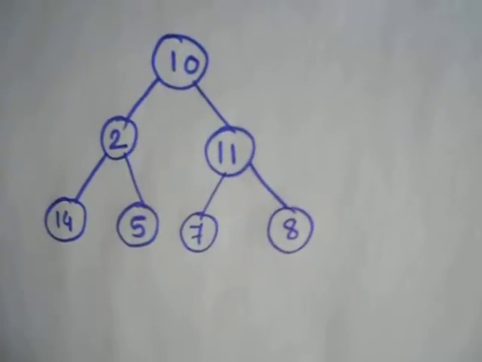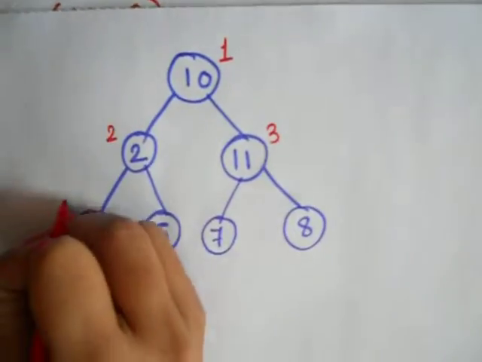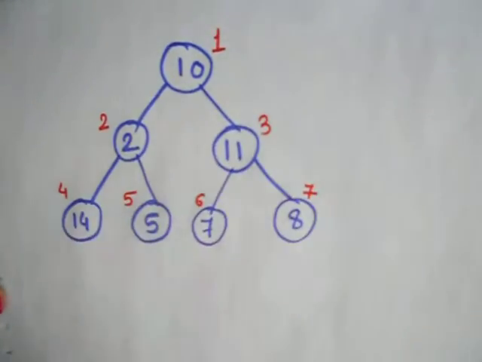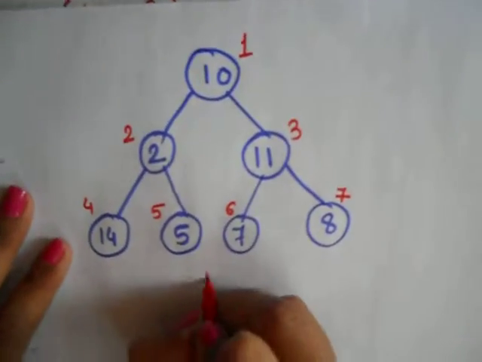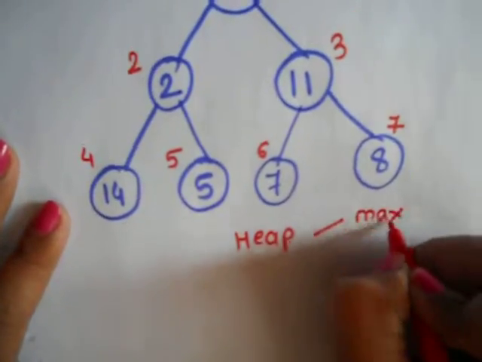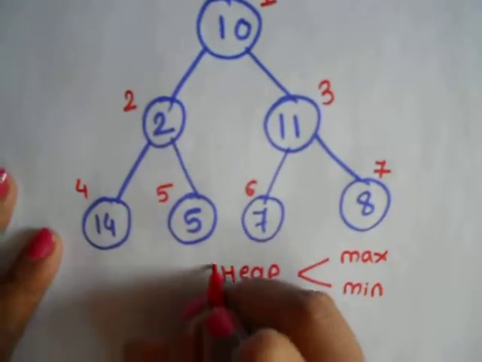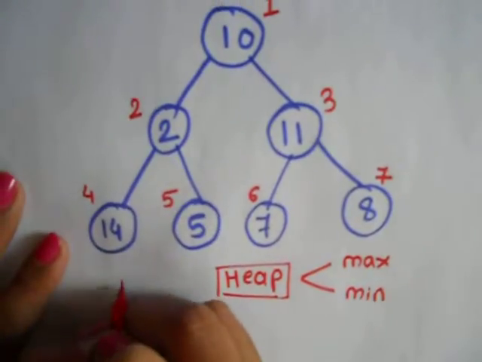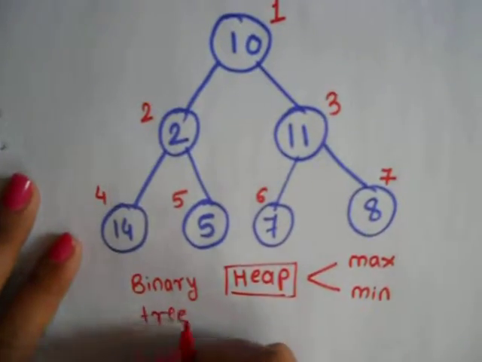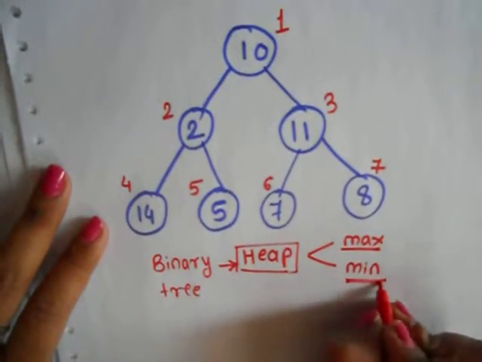Just see, 1, 2, 3, 4, 5, 6, 7. Now this one is basically a simple binary tree, and we have to convert it into either a max heap or a min heap.